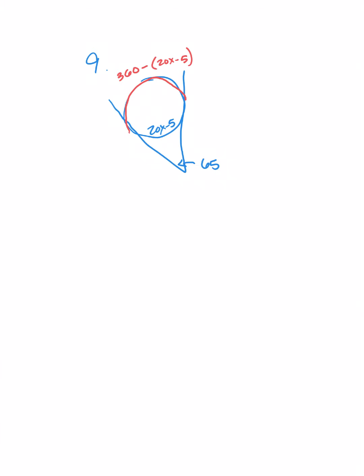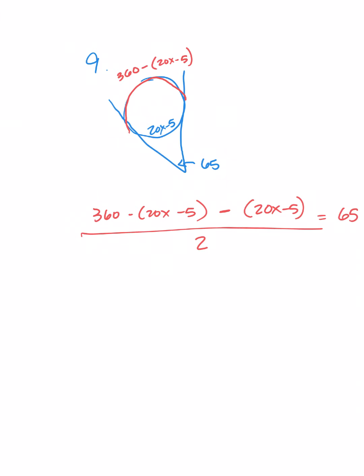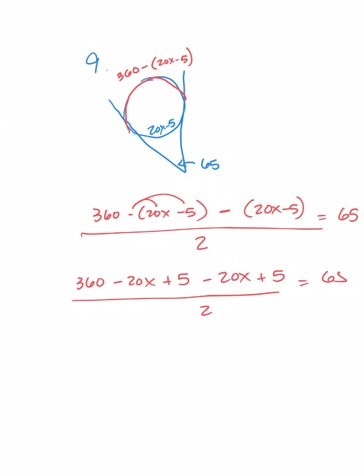The rule is that it's the big guy, 360 minus (20x minus 5), minus the little guy, (20x minus 5), divided by 2 equals the angle. So you've got 360 minus 20x plus 5, because I had to change both of those signs, minus another 20x plus 5 divided by 2 equals 65.